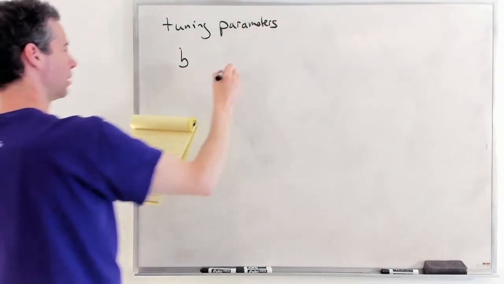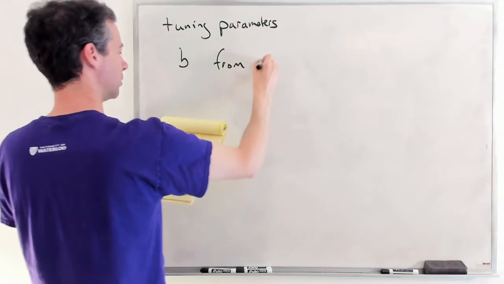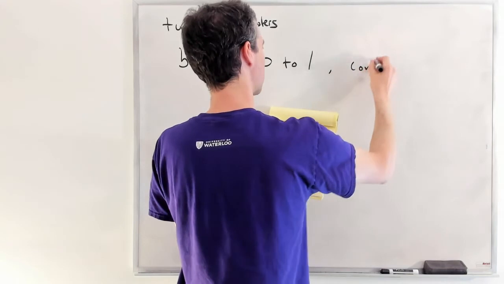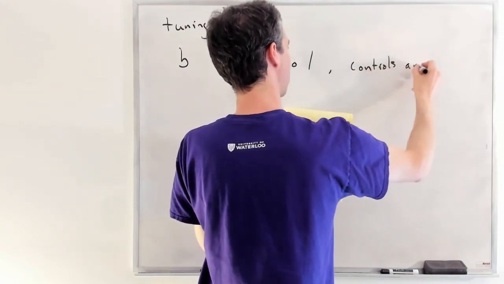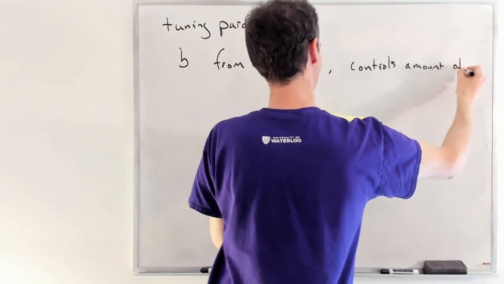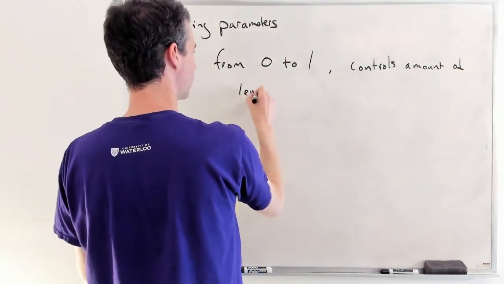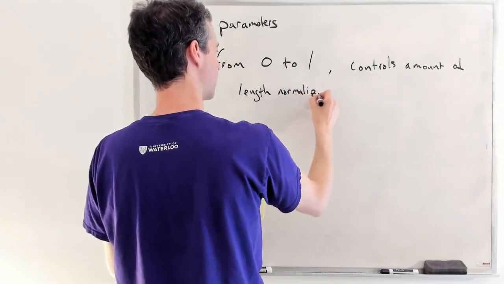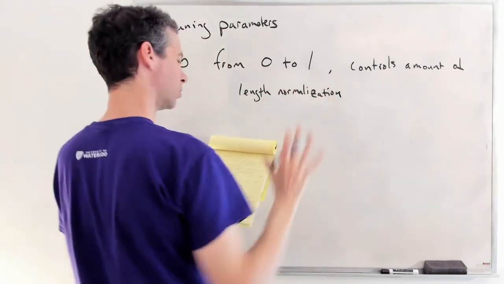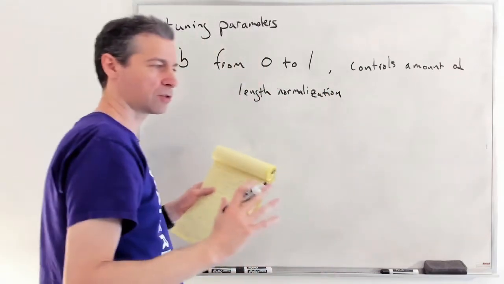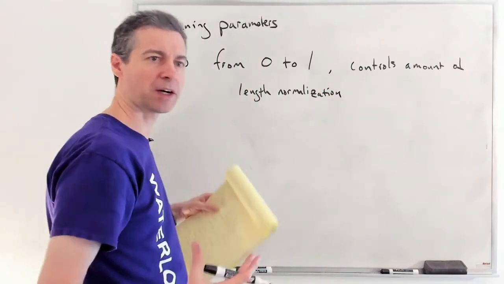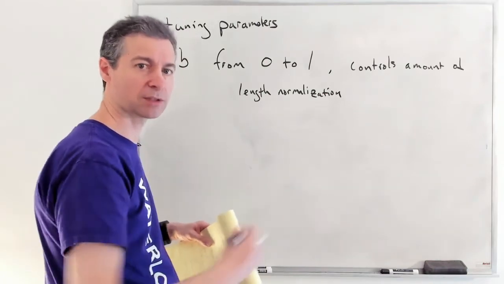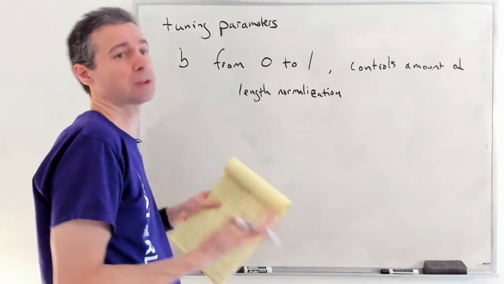All right, B ranges from 0 to 1, and its purpose is it controls the amount of length normalization. Again, we noticed that document length divided by the average document length. So we're controlling how much we want to try to make all documents be fair. Because longer documents have a bigger chance at having the word appear more times, whereas a shorter document can't.